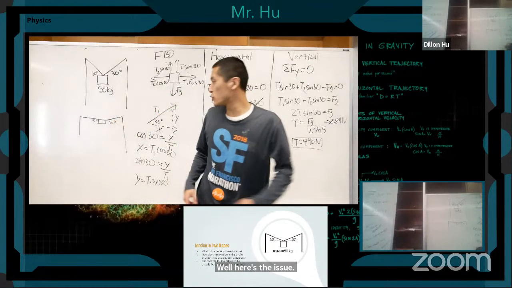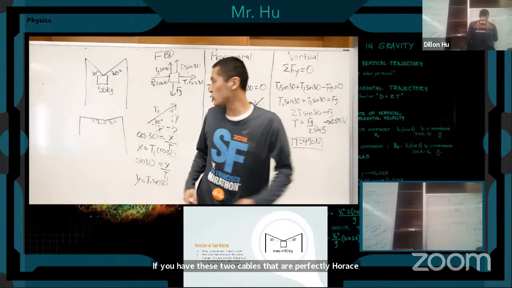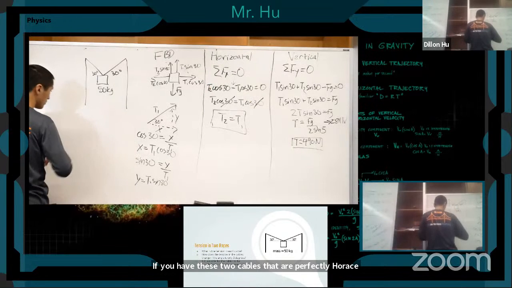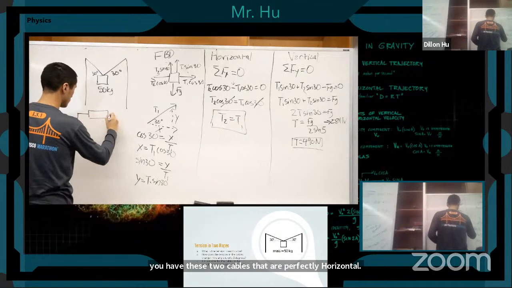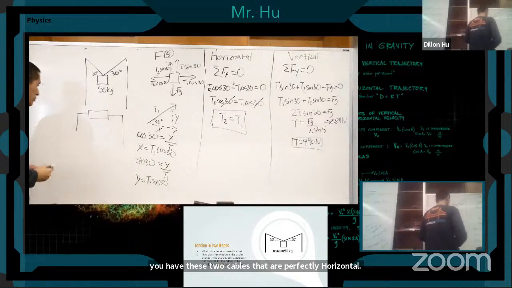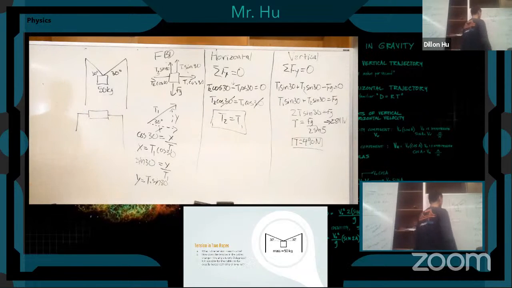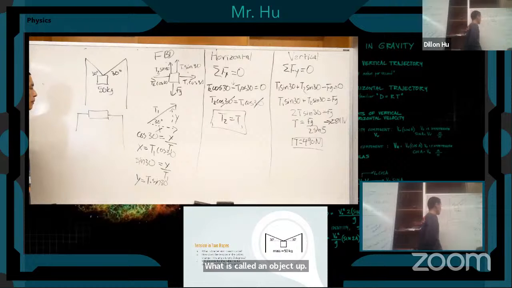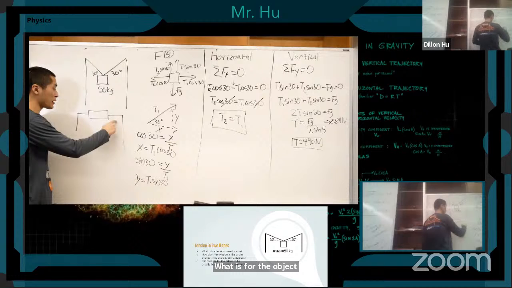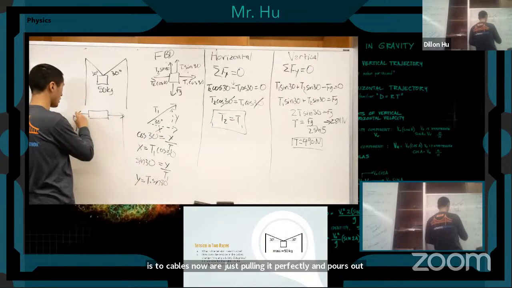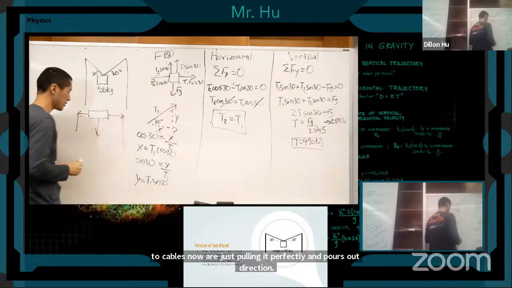If you have these two cables that are perfectly horizontal, what is pulling the object up? These two cables now are just pulling it perfectly in a horizontal direction, but gravity is still pulling it down.